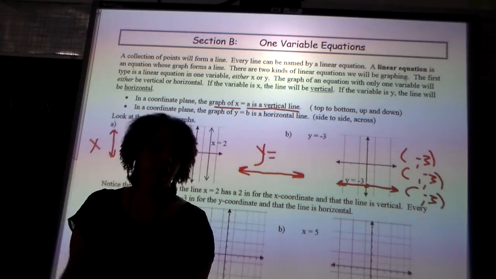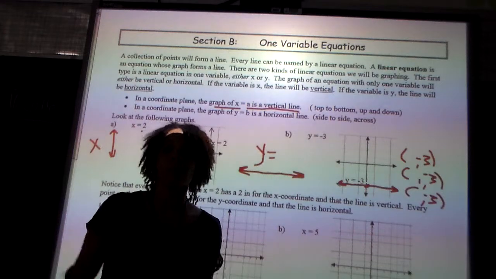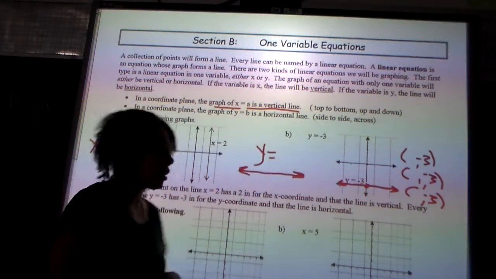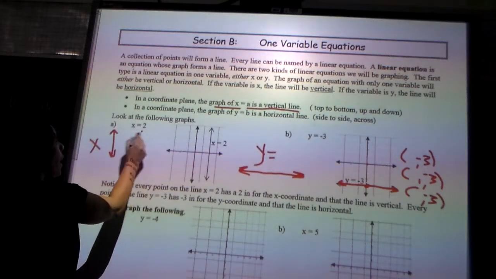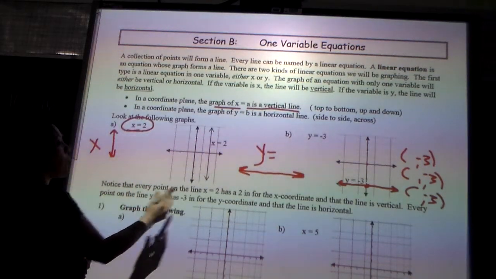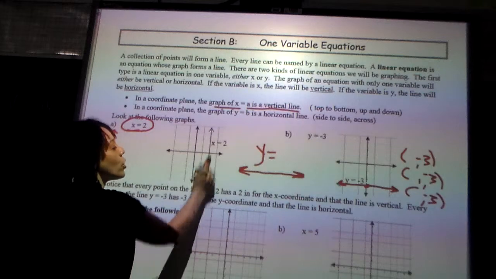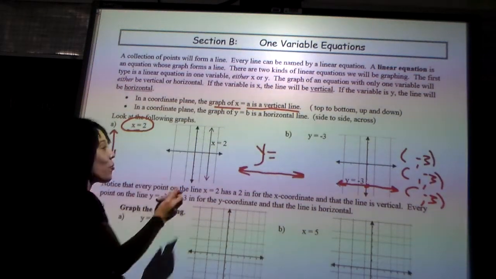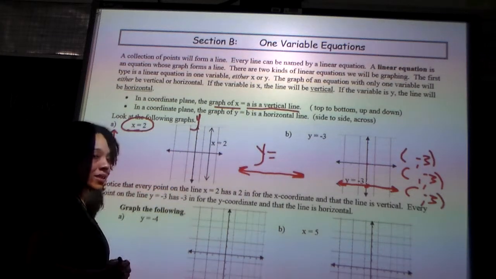A quick rule of thumb when you want to remember which is which: if you're solving for x, you can remember that it's a vertical line by saying it's the opposite of y, the opposite of the y-axis.